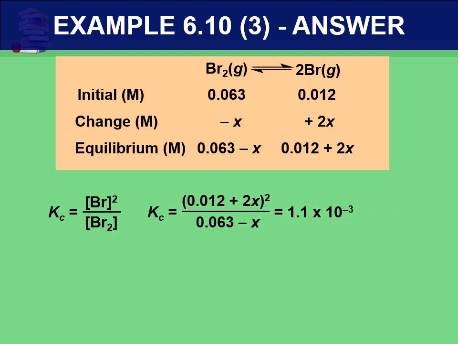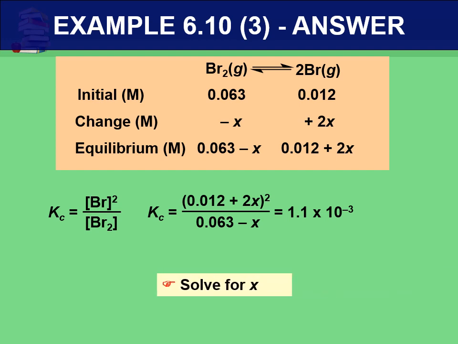And then we substitute the values that have x in it inside the expression. So 0.012 plus 2x to the power of 2, divided by 0.063 minus x. This is equal to 1.1 times 10 to the power of negative 3.